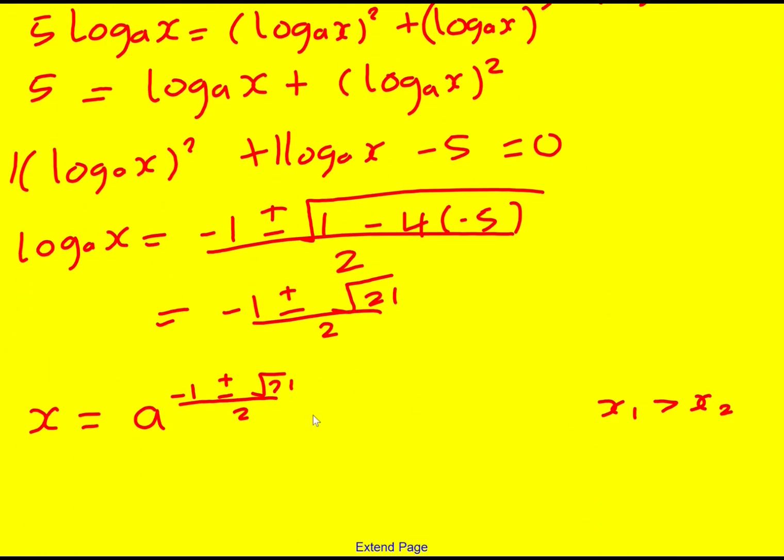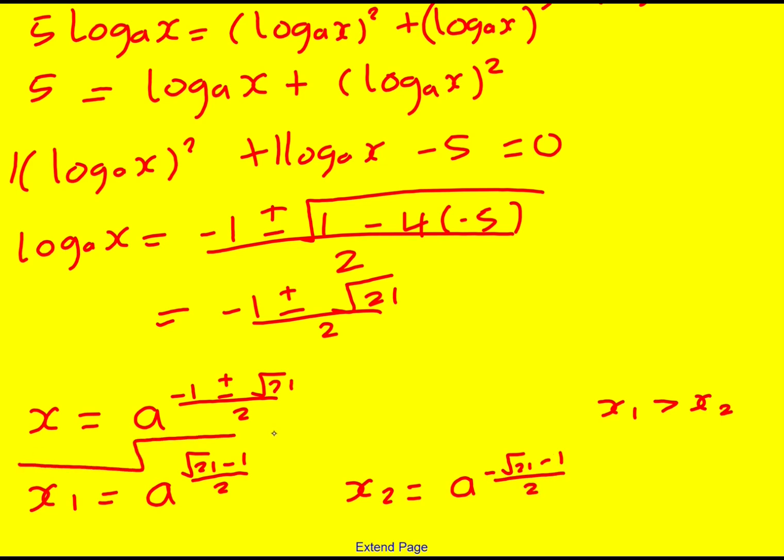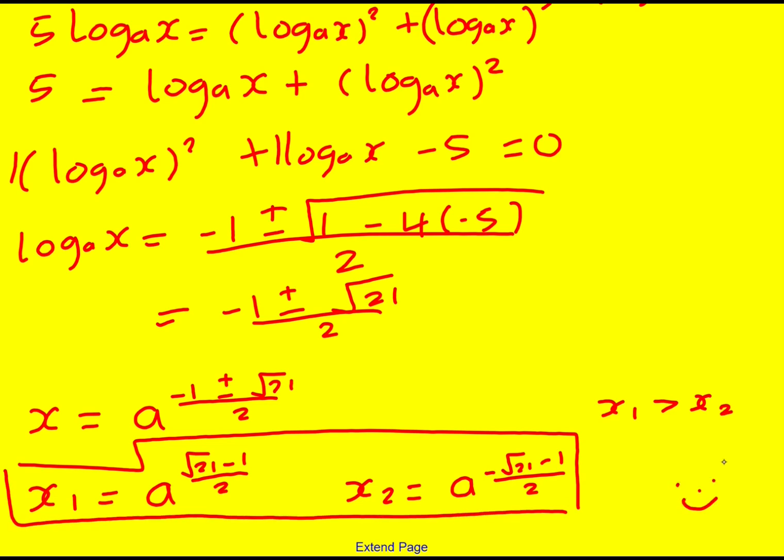So x1 is going to be when we put the plus in. x1 equals a to the root 21 minus 1 over 2. x2 is a to the minus root 21 minus 1 over 2. So those are our two answers.